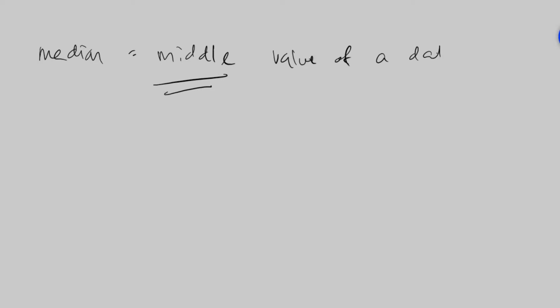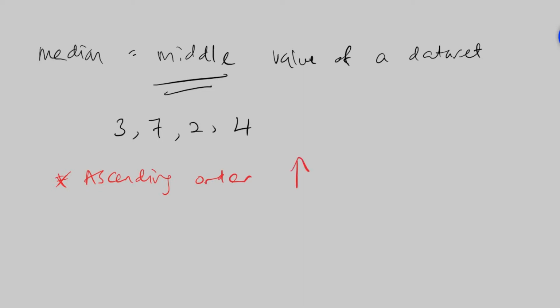Okay, and then we go to median. So how do you find median? Median means the middle value of a particular data set. Quite easy to understand, right? Because it sounds almost similar, median, mean. Okay, so again, using the same data set, we have 3, 7, 2, 4. Now, don't forget, if you want to do median, then you have to arrange your data set in ascending order, okay, before you start finding the median or the middle value.